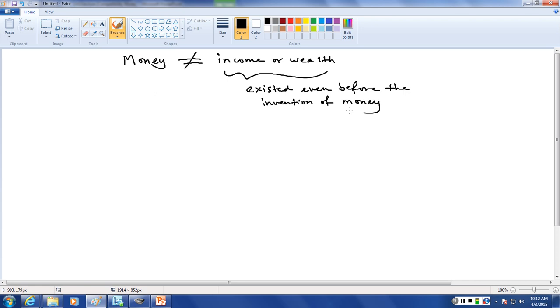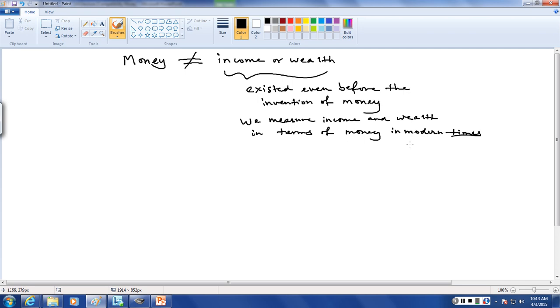It just so happens that we measure income and wealth in terms of money in modern times. So money is simply a way of measuring income and wealth, but income and wealth exist independently of money.